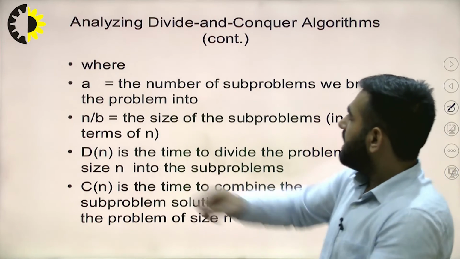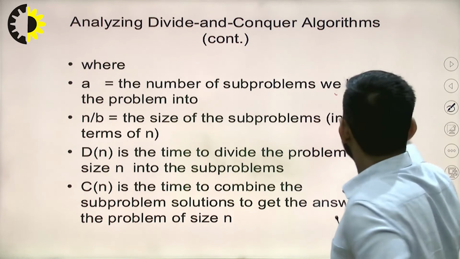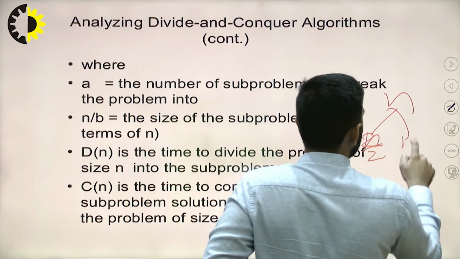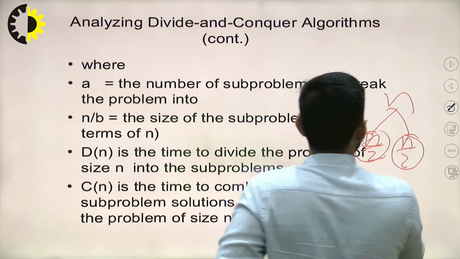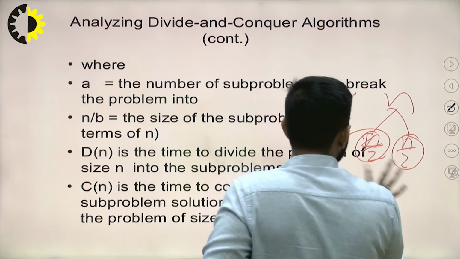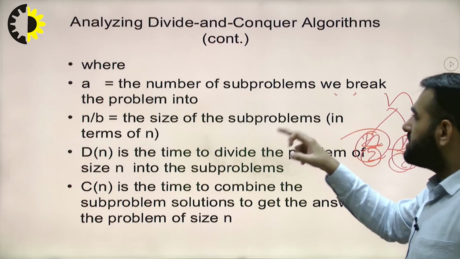Now see, a, the number of subproblems: we break the problem into how many? n by 2 subproblems. Here a value is 2. Now size is what? n by b, the size of the subproblem in terms of n.